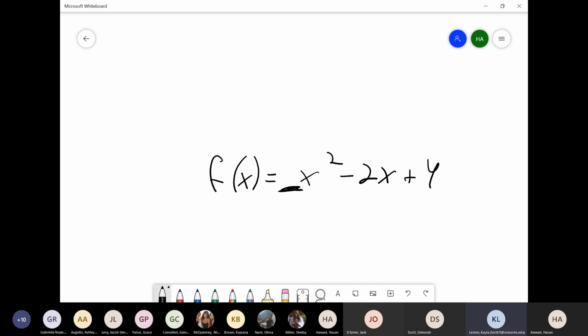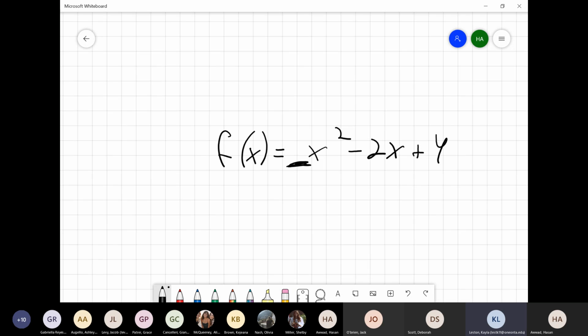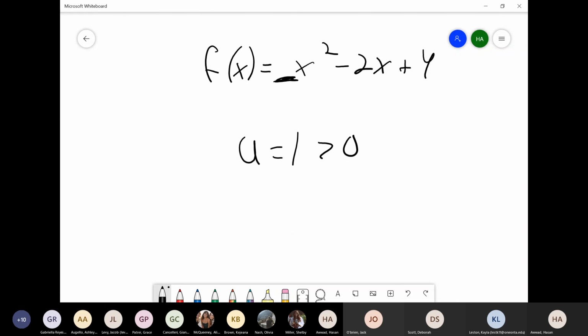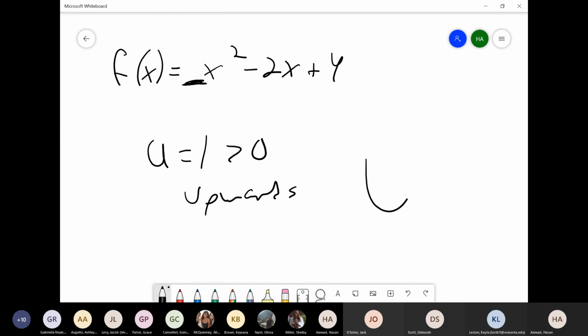And if it's negative, it opens downwards. So is 1 positive or negative? So positive, so it would open upwards? Yeah, exactly. So we know that A is equal to 1, 1 is greater than 0, 1 is positive. So as a result, this is opening upwards, which is going to graph something like that.